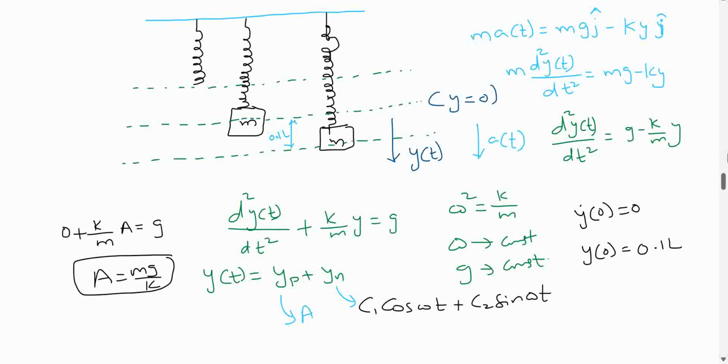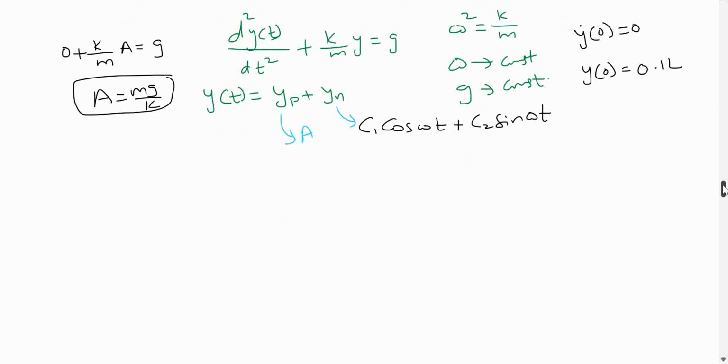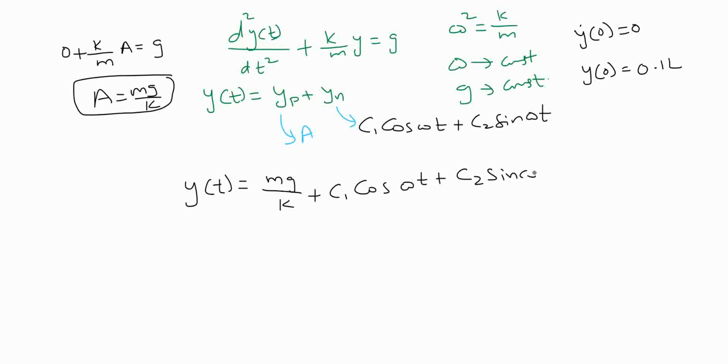Now let's write y of t as the particular solution a, which is mg by k, plus c1 cos omega t plus c2 sin omega t.